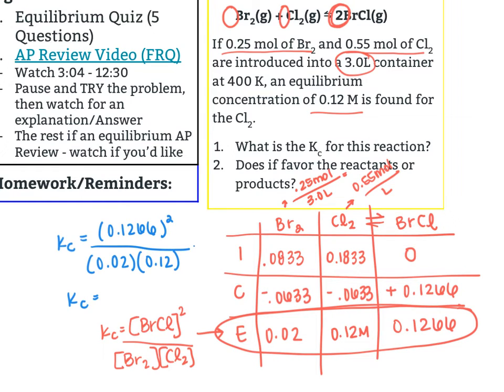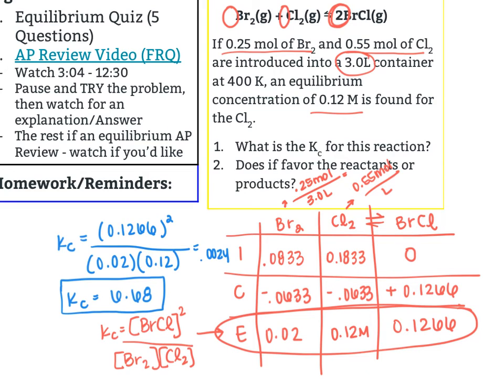So my denominator is 0.0024. And then I'm going to take my top, 0.1266 squared, and then divided by my 0.0024, and I get a Kc value of 6.68. Okay, and remember Kc does not have a unit, so that is my answer.